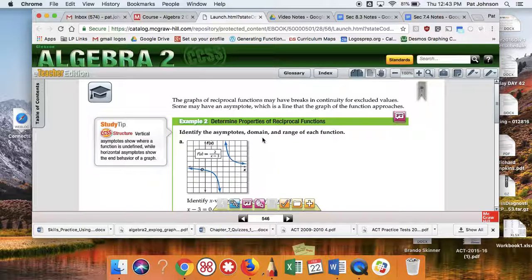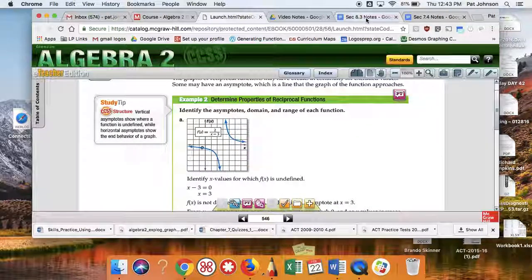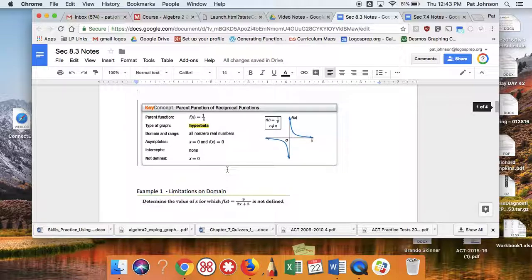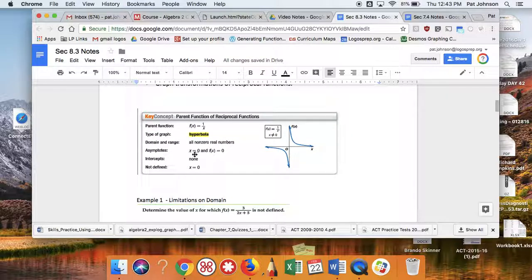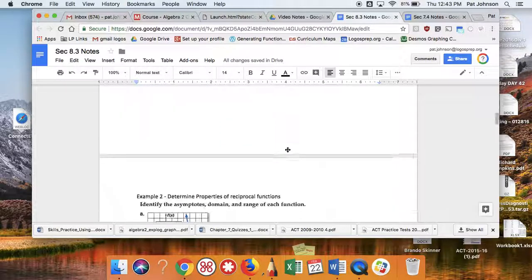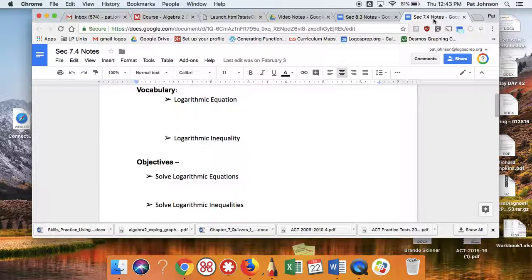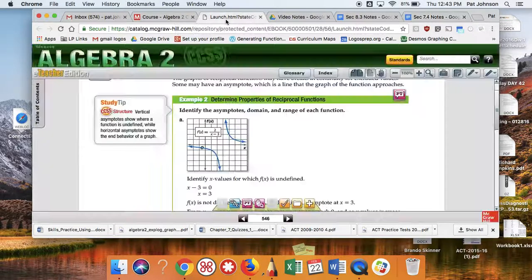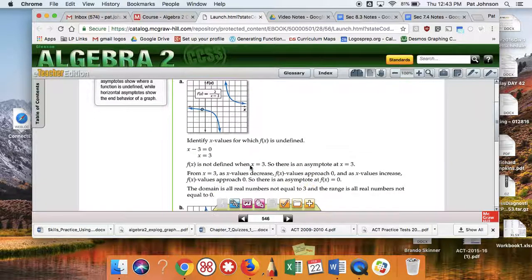And if we go back to our key concept box, we know that the asymptote is at x equals 0 because there hadn't been any transformations yet. Okay, so there's a vertical asymptote.